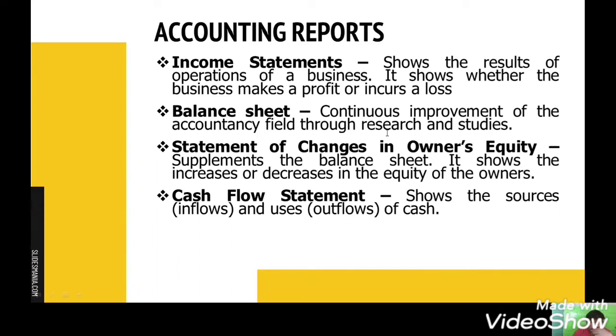So I'll just correct that. Statement of changes in owner's equity supplements the balance sheet. It shows the decrease or increases in the equity of the owners. And cash flow shows the sources or inflows and outflows of cash.